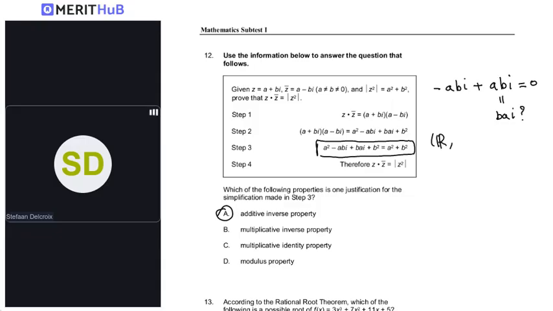The real numbers under multiplication is commutative. That's another property that is used, but that's not in the list. But it is another property that's used. You're using the inverse property of the addition and the commutative property of the multiplication.